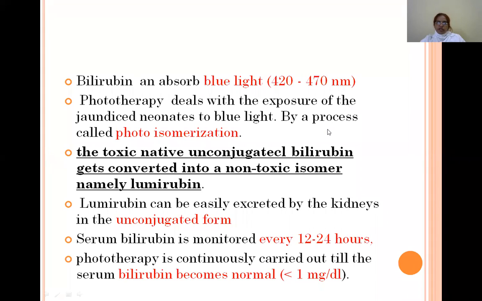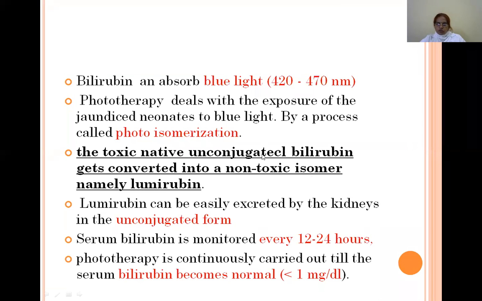Phototherapy involves exposure of the jaundiced neonates to blue light by a process called photoisomerization. When the jaundiced neonates are exposed to blue light, the toxic native unconjugated bilirubin gets converted into a non-toxic isomer.